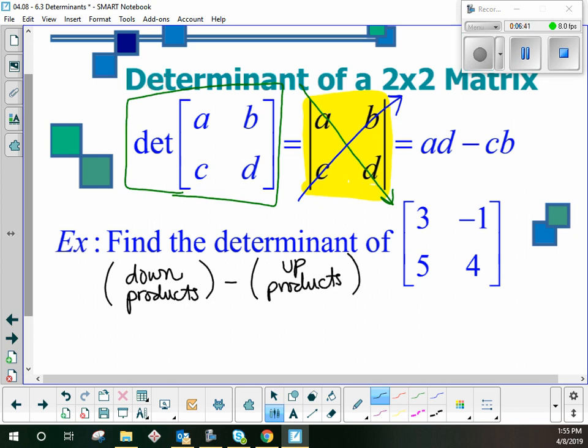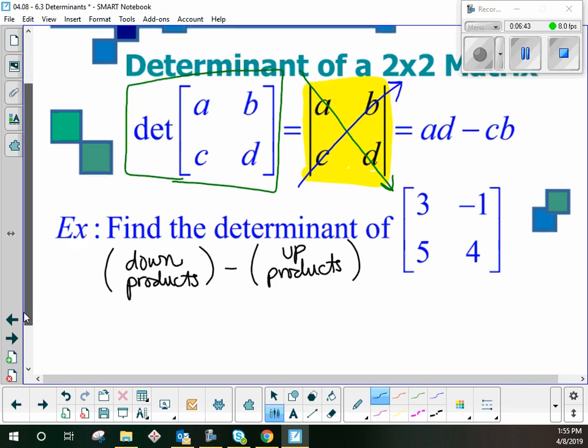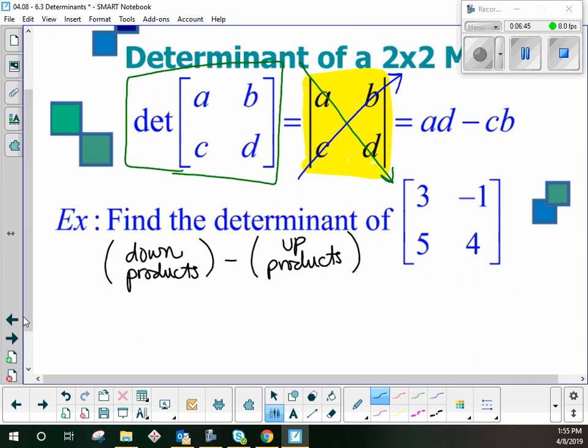Down minus up. And like I said, in 2 by 2, that distinction is almost pointless, but in 3 by 3, it will be more necessary.